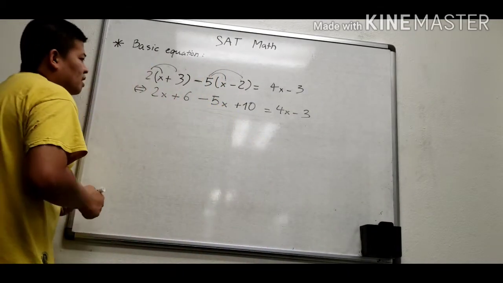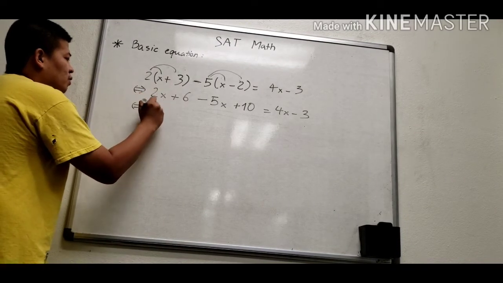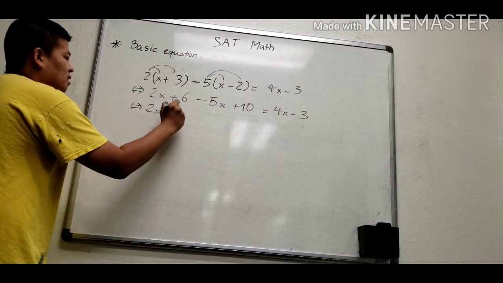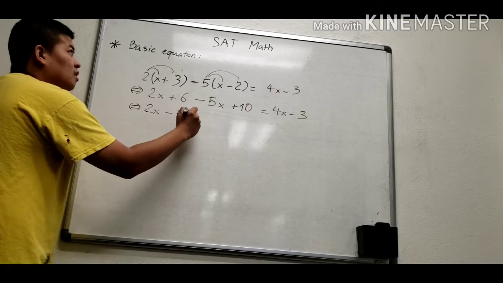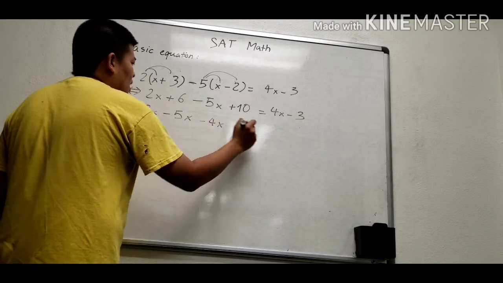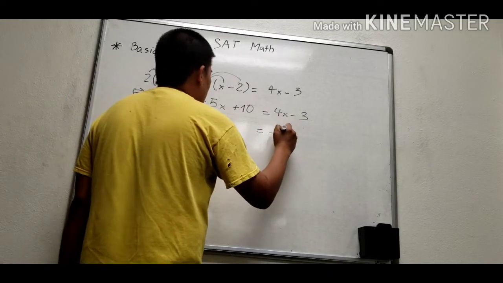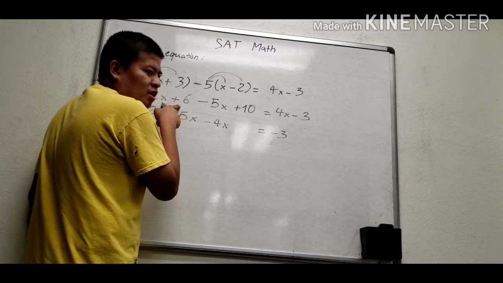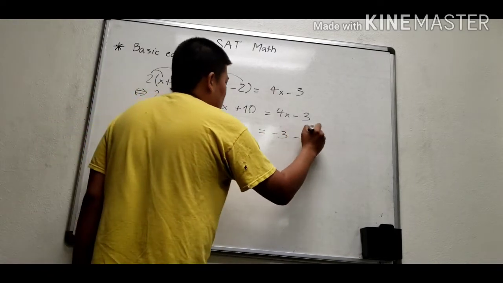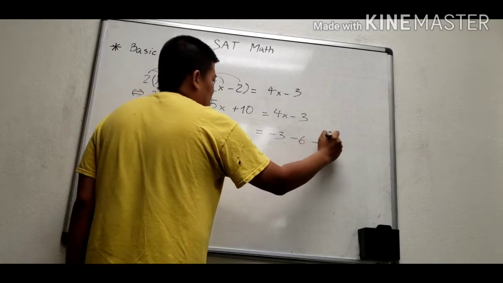So let's calculate this. We have 2s, we have minus 5s, and we have the minus 4s because they move to the left, they change the sign. We have minus 3, and the positive number 6 will change to minus 6. Positive number 10 changes to minus 10.